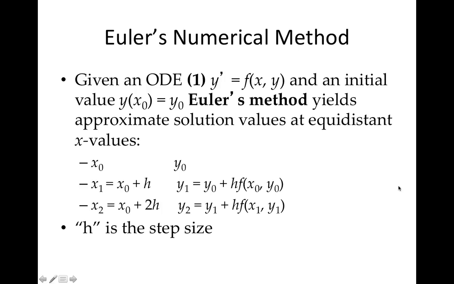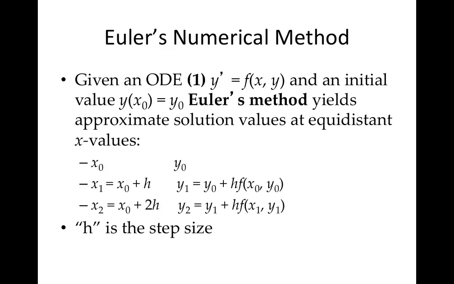Another technique is known as Euler's numerical method. This is an algorithm-based method where we have some ordinary differential equation, and we have an initial value. So we have a known x sub 0 and y sub 0. What Euler's method does is it gives us an approximate solution for values at equidistant points away from x sub 0.